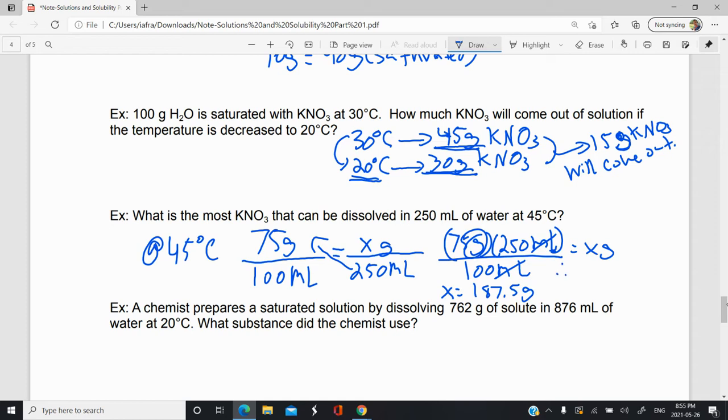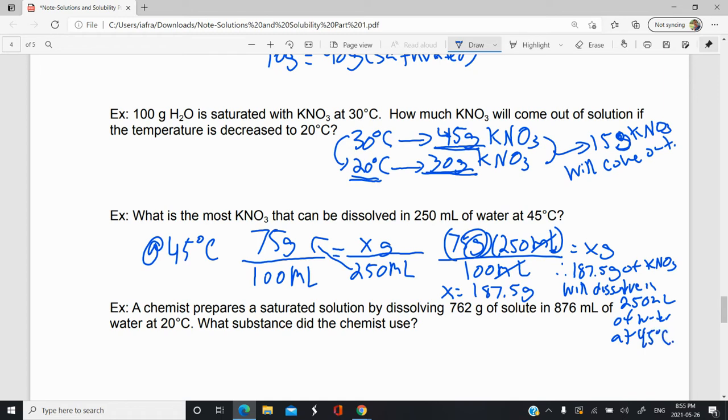And then we can put our therefore statement. So therefore, 187.5 grams of KNO3 will dissolve in 250 mils of water at 45 degrees Celsius.